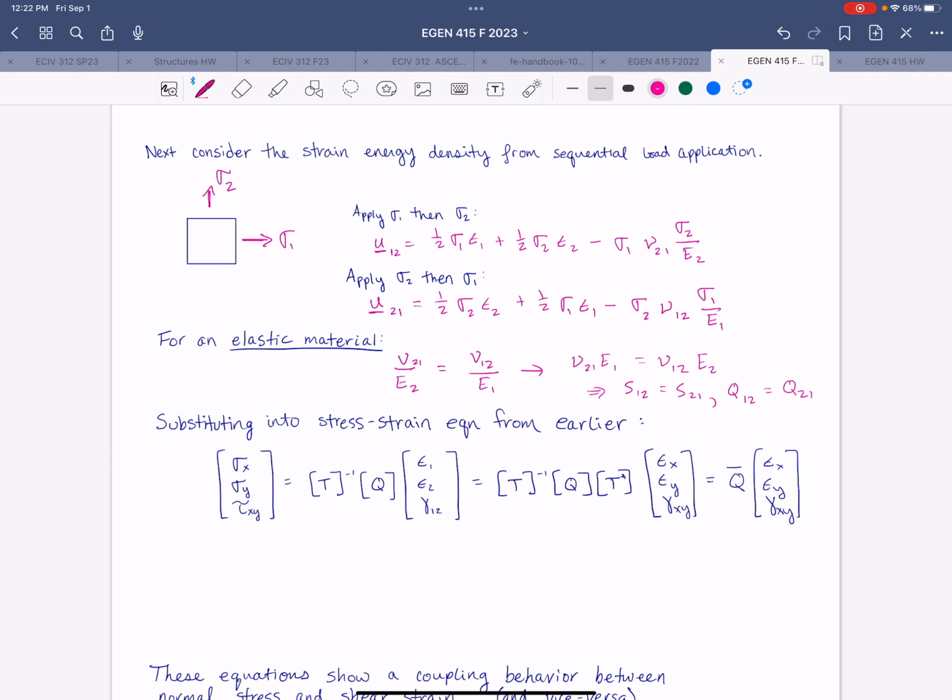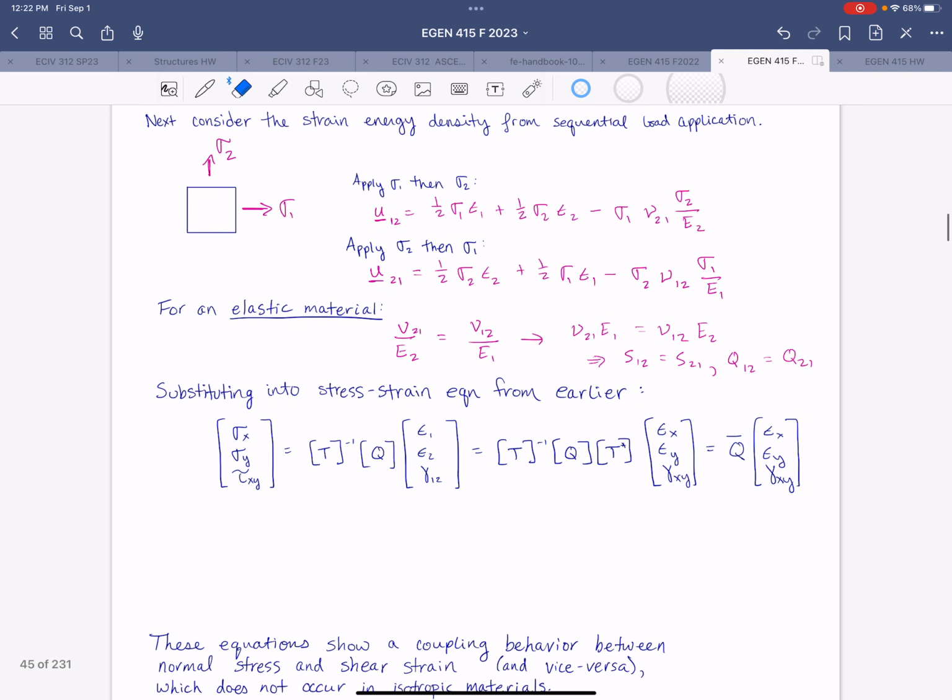All right, so now if we start making some substitutions, then we would end up with what we see here. So this shows the process. All right, so we want our normal strains in X and Y, all right? So that's the end goal in this example, this demonstration.